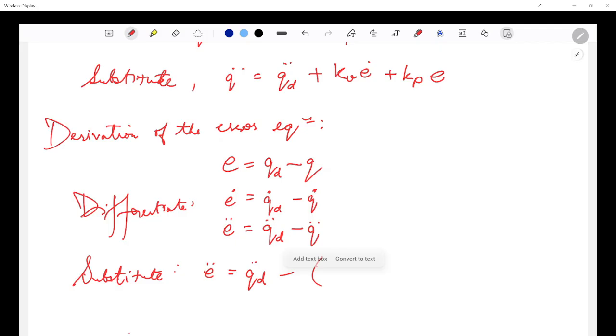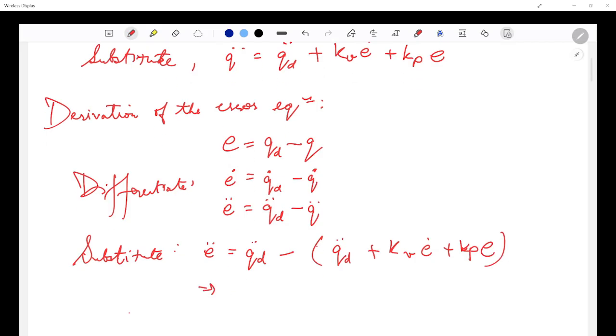How will we write it? We write QD double dot plus KV into E dot plus KP into E. From here, E double dot plus KV into E dot plus KP into E is equal to 0.